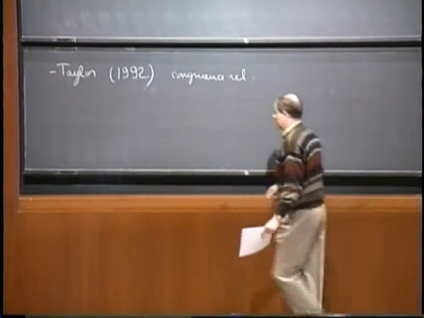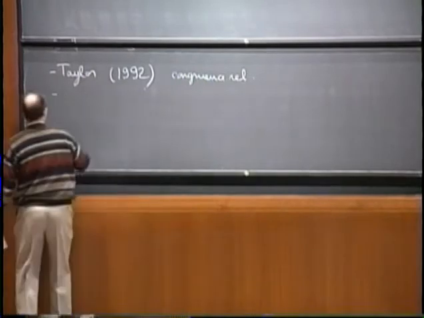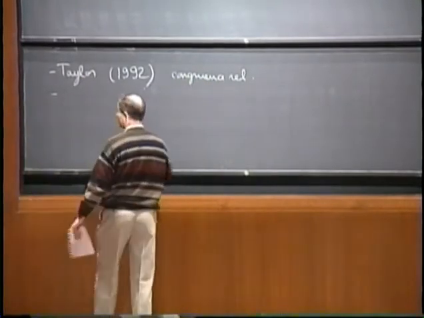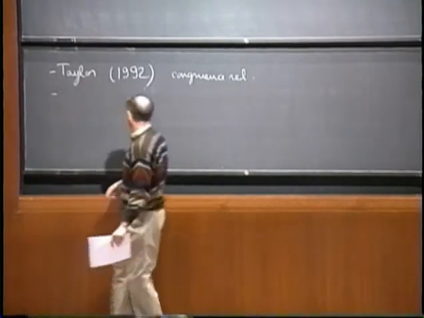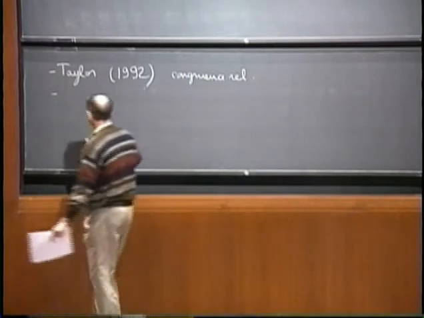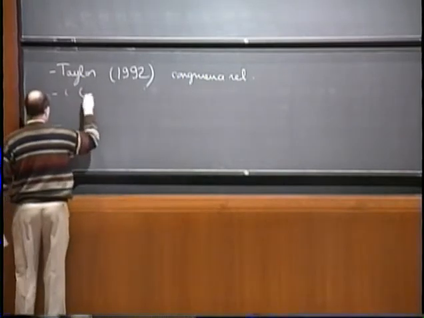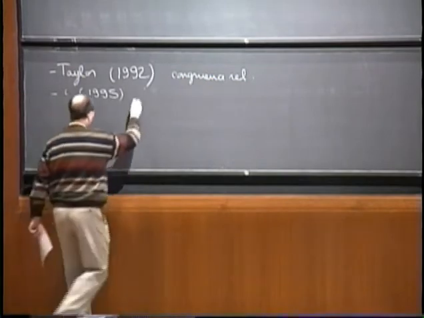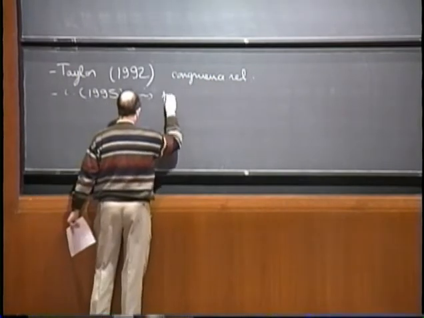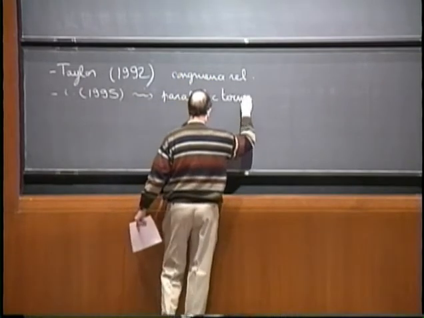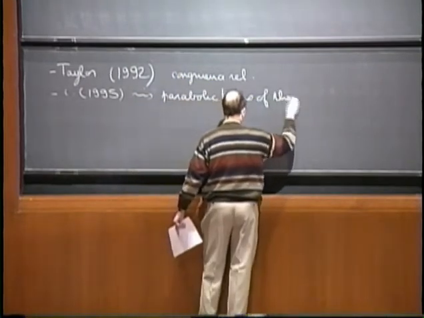Then, as an exercise, just to learn the theory, I tried to apply all these tools to GSp4, and I did that around 1995. I computed essentially the parabolic terms of the zeta function.